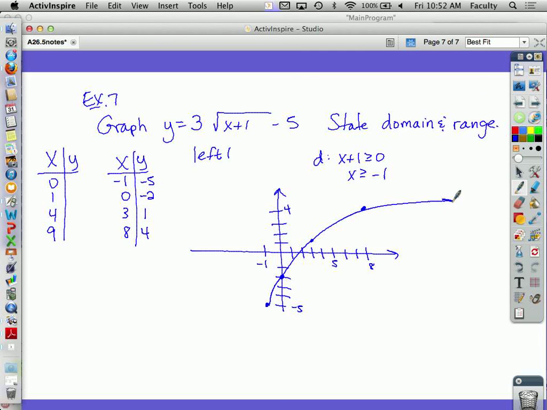Now remember with the square root graph, don't make it shooting up, okay, because it levels off. And then I can figure out the range that y is greater than or equal to -5. Any questions on that?